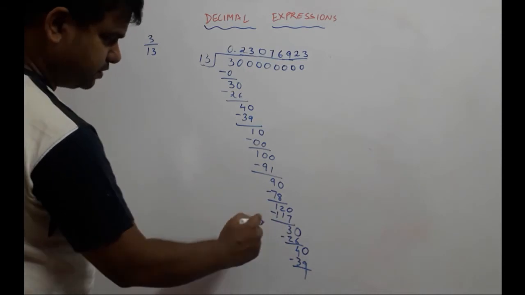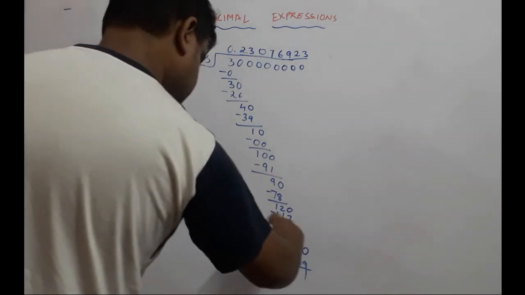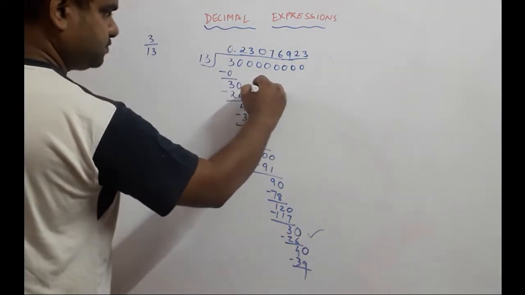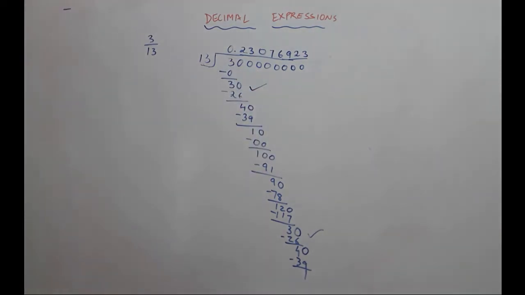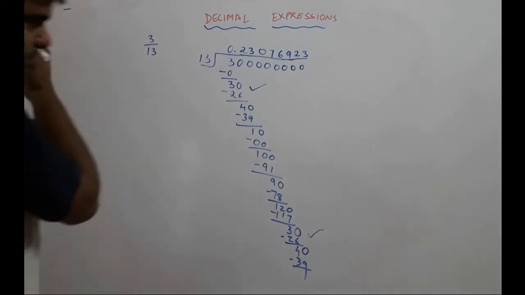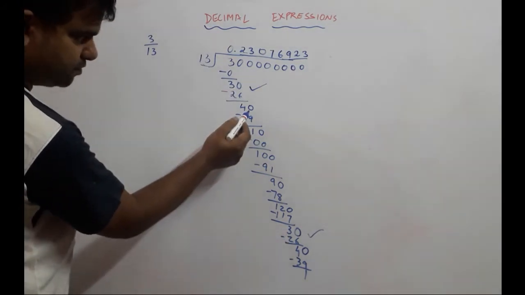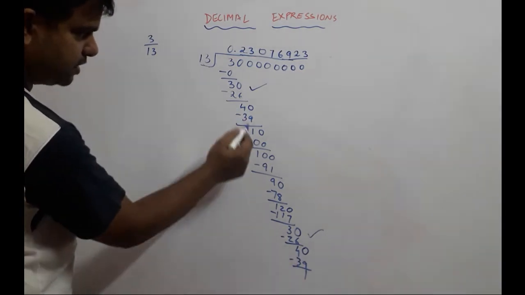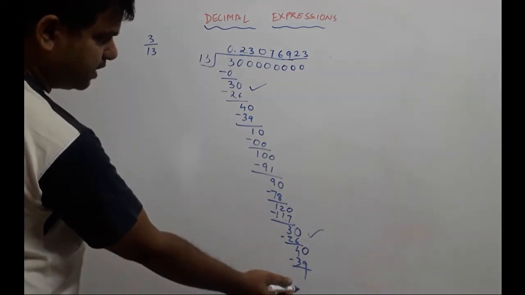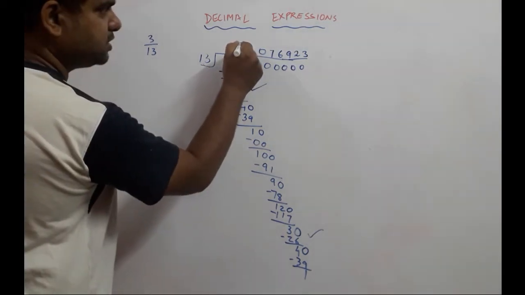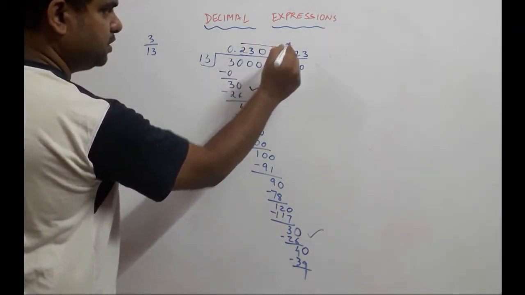So at this particular stage, compare this stage with this one over here. See, and then it continues. 30 minus 26 gives us 4. Put a 0 down over here as well, and again 39. And if you continue solving the division, we will repeat all over again this number right up till here.